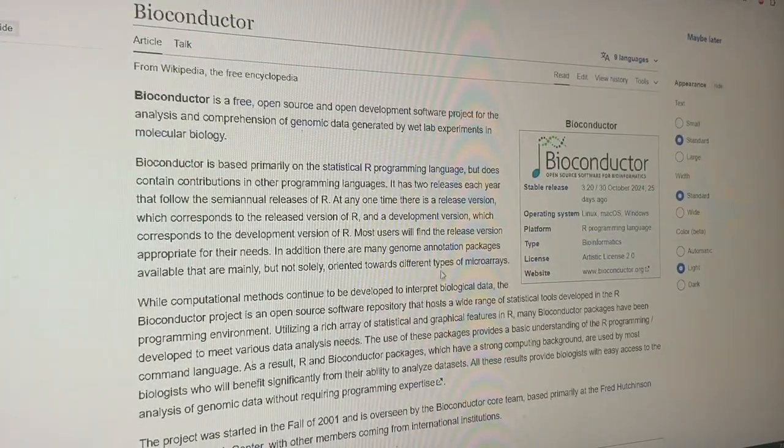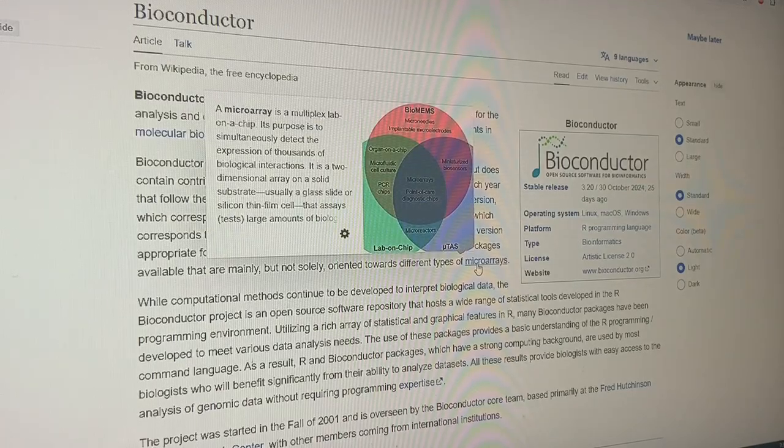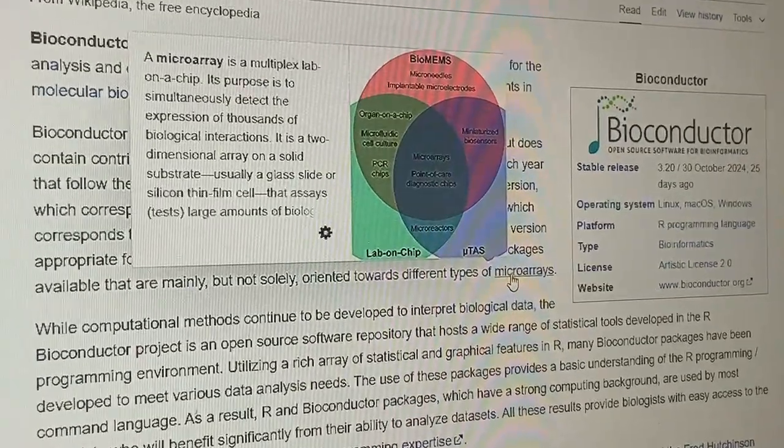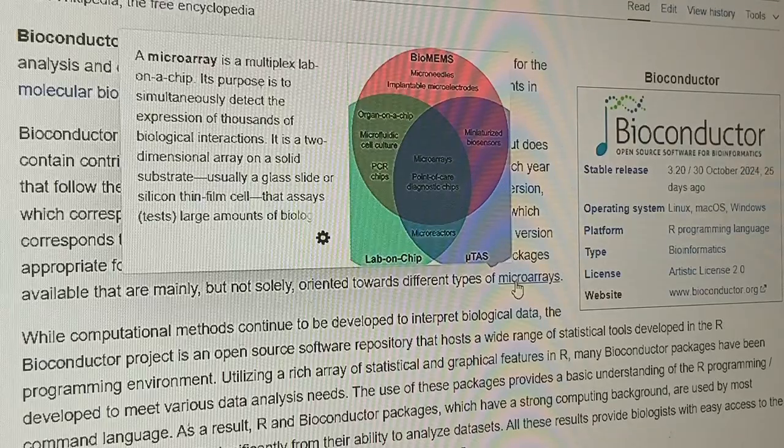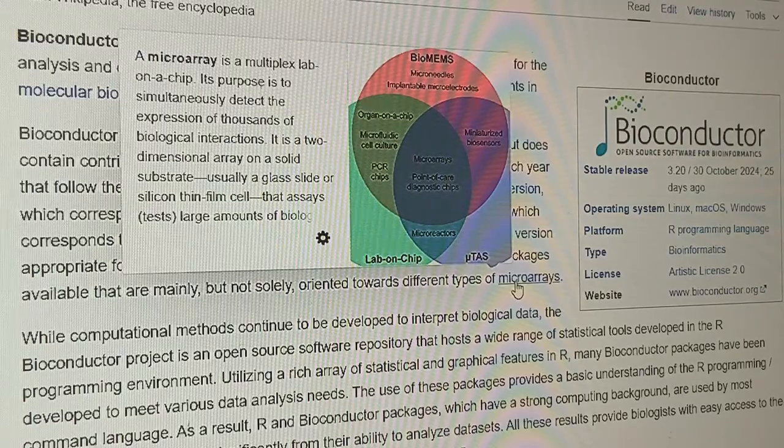And Bioconductor is oriented towards different types of microarrays, and as you can see, BioMEMS is on the top, Organ on a Chip is on the left. This is open source software, Linux Swiss cheese, your favorite. Miniaturized biosensors is on the right, and yes, it's Mac and Windows as well.